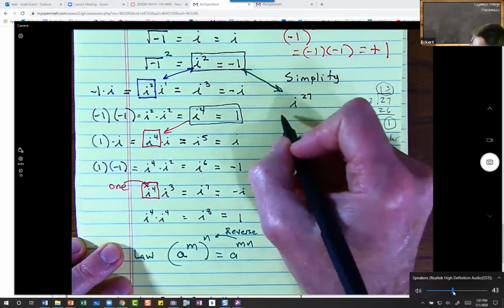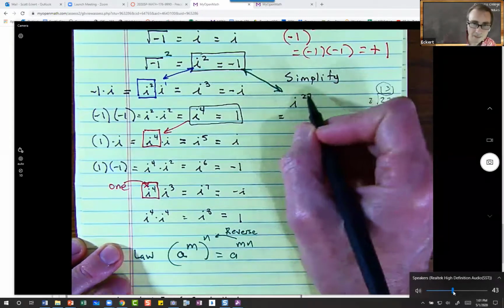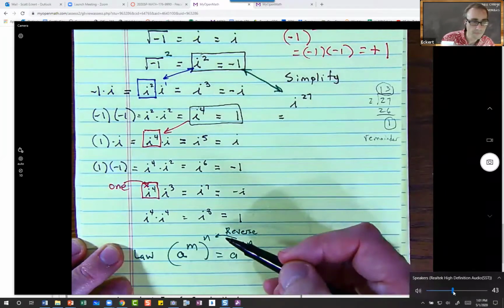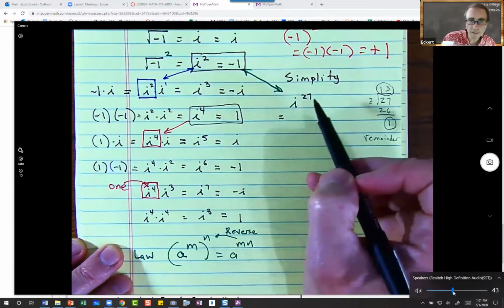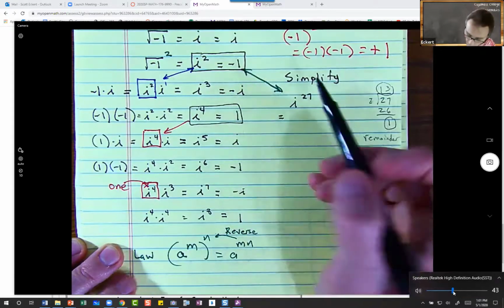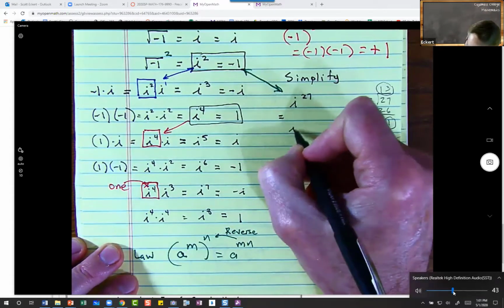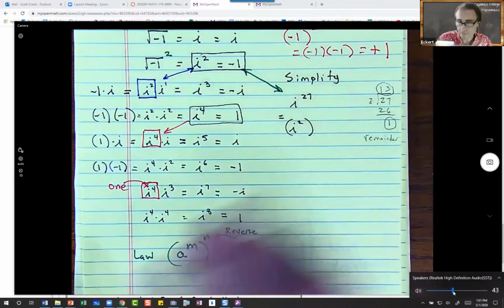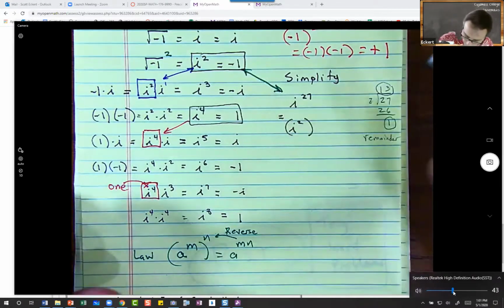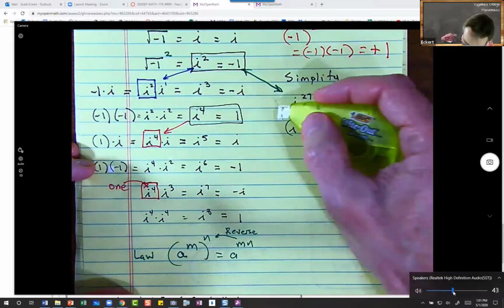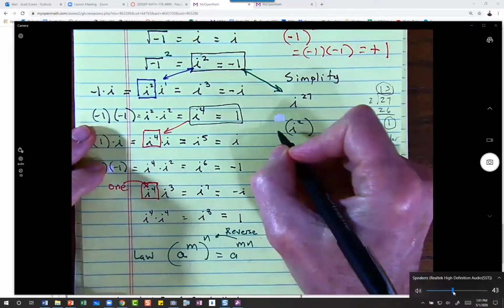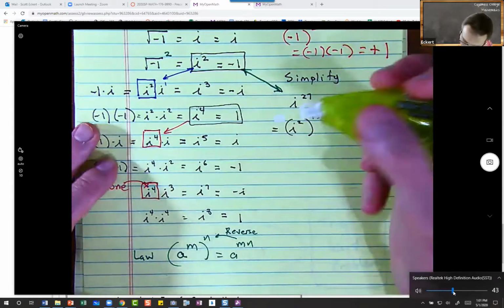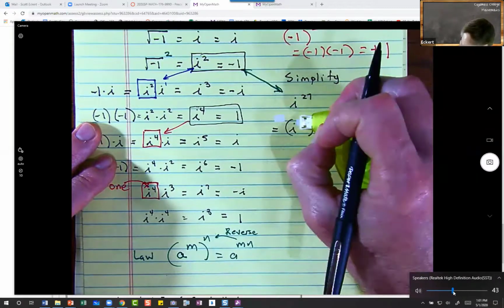So what I'm doing here is trying to rewrite the 27th power because I don't want to do 27 of these multiplications. That's going to take forever. So I'm going to try to change i to the 27th into second powers of i. So I'm going to say i squared. Now, how many powers of i squared go into 27? 13? Exactly. If I do 13 powers of i squared, how many i's have I taken care of so far?